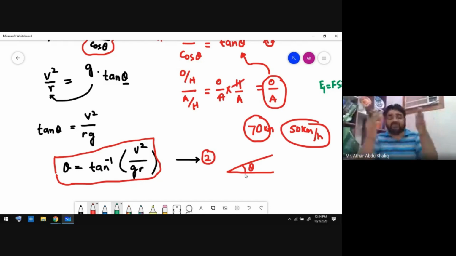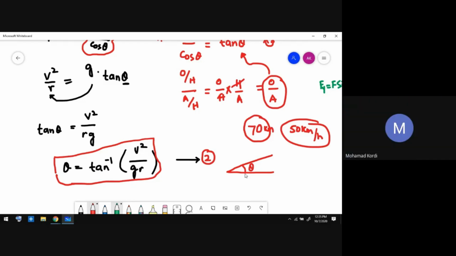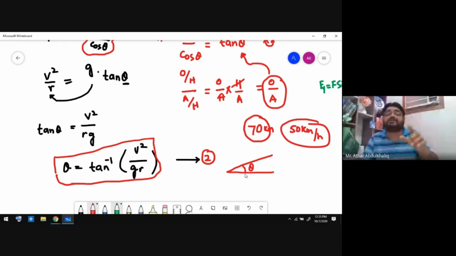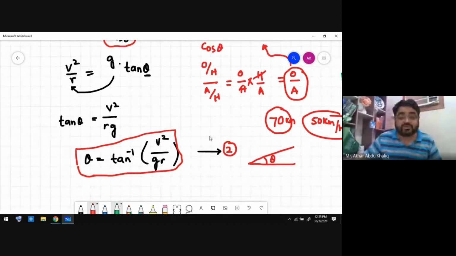If your speed is 50 or less than 50, your car will take a turn easily without skidding. But if your speed is more than the assigned value, then the angle of the road bank is not suitable, so your car will skid. So this formula is actually helping us to develop the road.